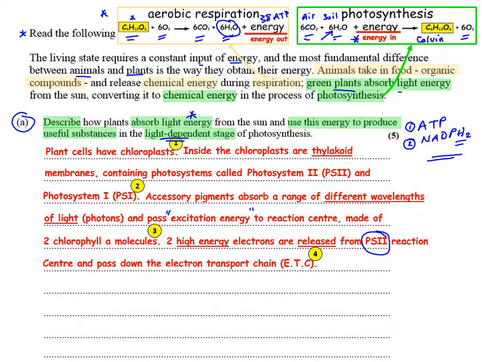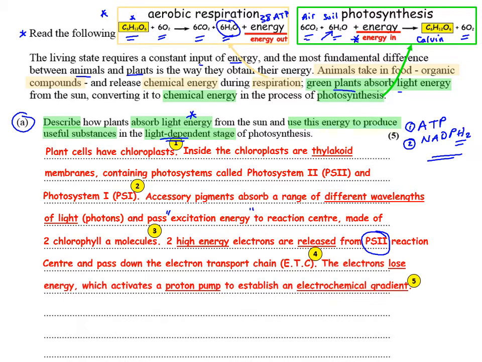They get picked up by the primary electron acceptor that passes the 2 high energy electrons down the ETC, and as they pass down the ETC, these 2 electrons lose energy, and that energy is used to activate a single proton pump within the electron transport chain between PS2 and PS1.